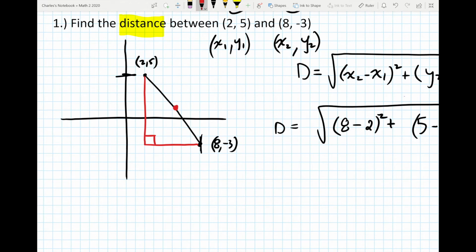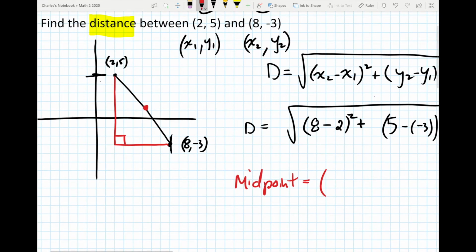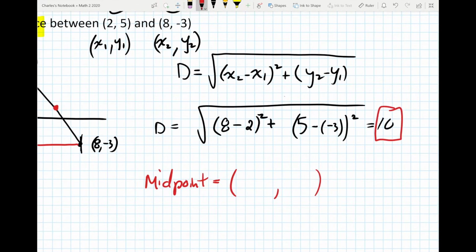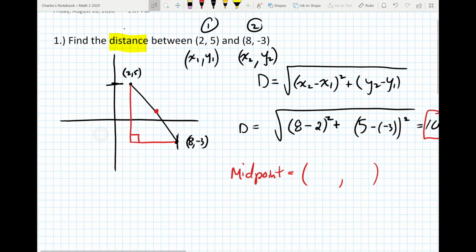So the midpoint is going to be a little different than the distance, because the distance is one number. The midpoint is going to have two parts to it: an x-coordinate and a y-coordinate. To get the x-coordinate, I think of going from 2 to 8 on the x-axis. That's a total of 6 spaces.